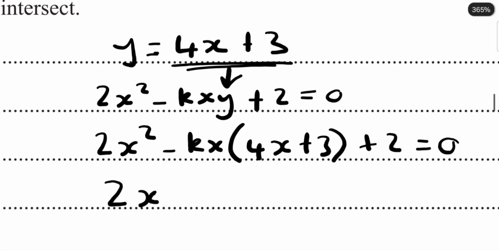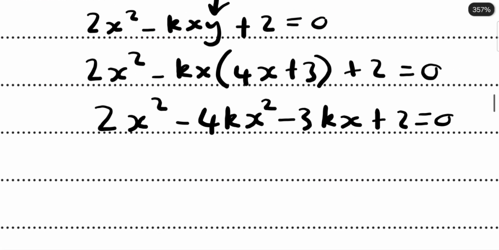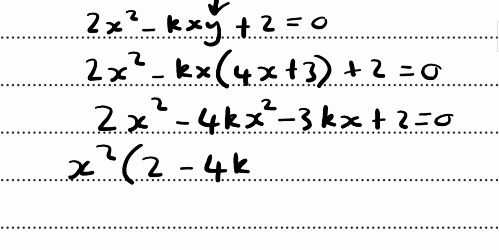So 2x squared minus 4kx squared minus 3kx plus 2 is equal to 0. Then factoring out x squared, we get 2 minus 4k, times x squared, minus 3kx plus 2 equals 0.